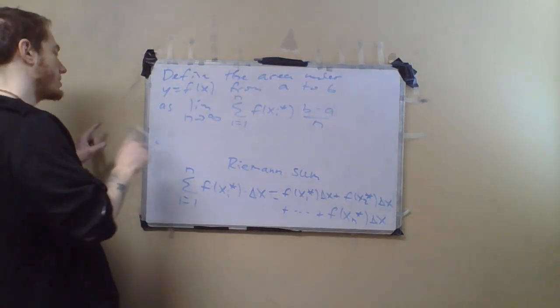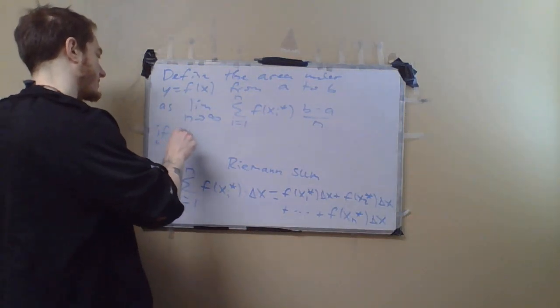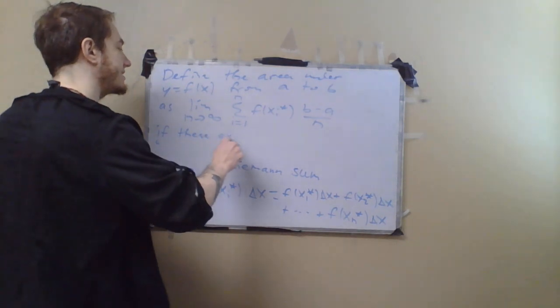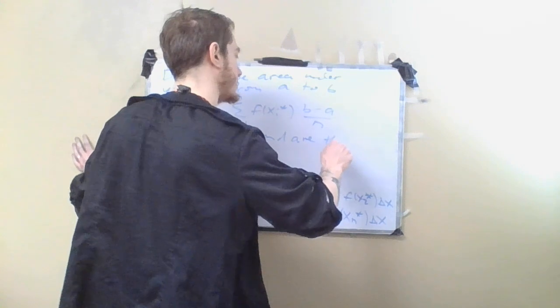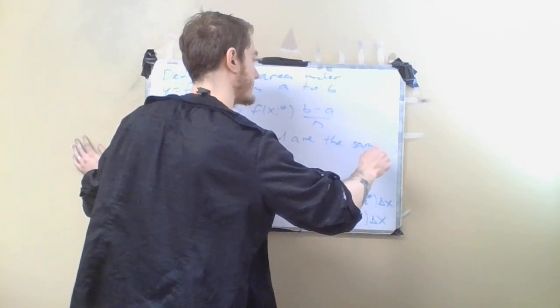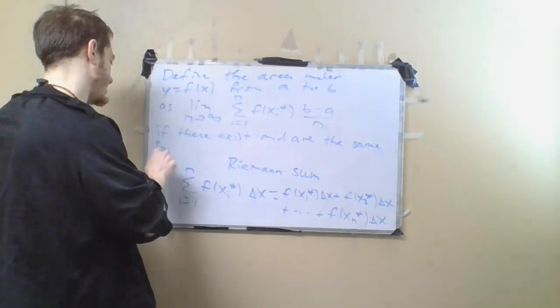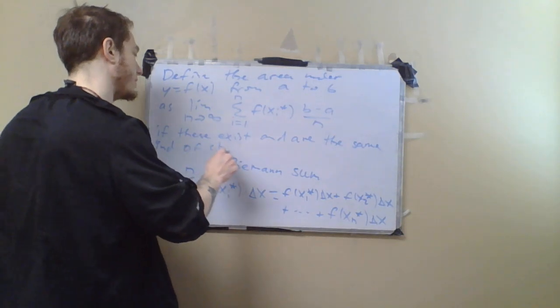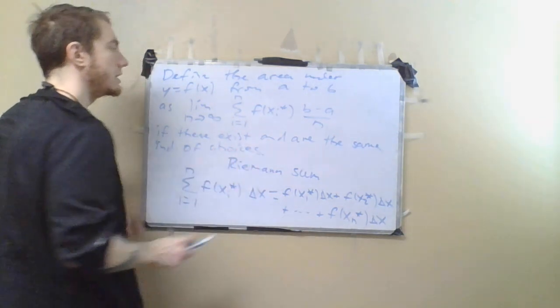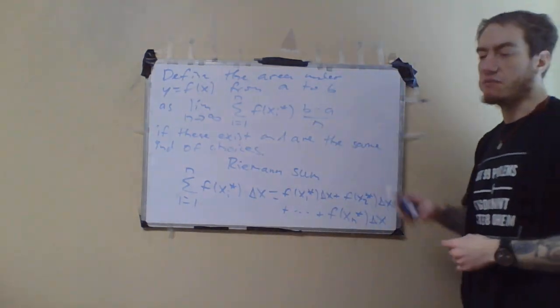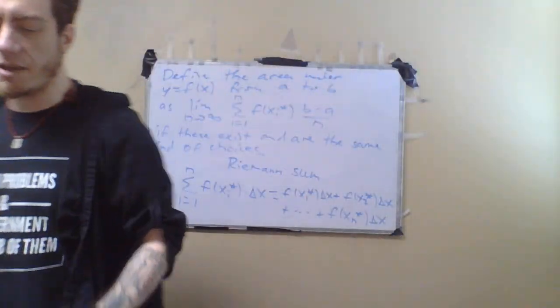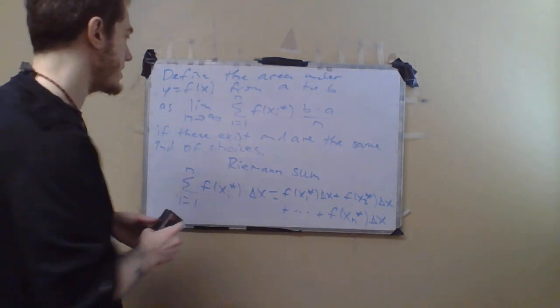And we can only do this if these limits exist and are the same, independent of the choices involved. So remember, there are many choices involved here, and we define the area to be equal to this limit if the limit doesn't depend on the choices.